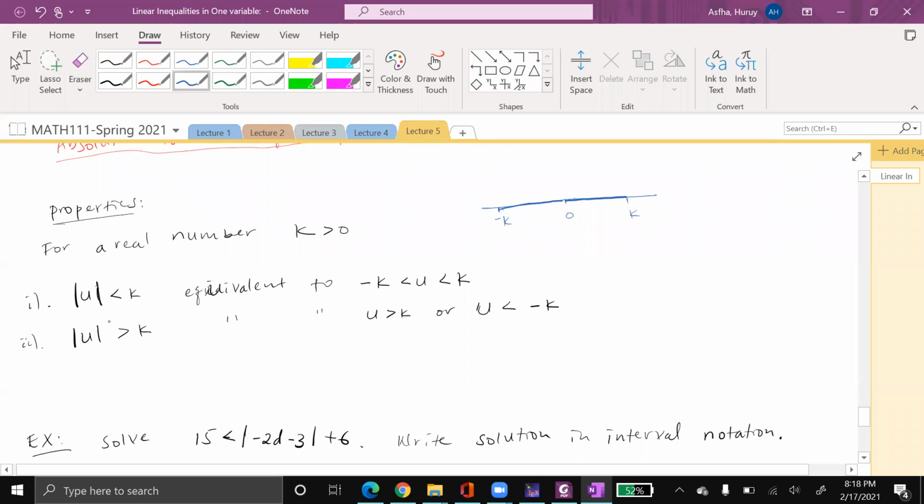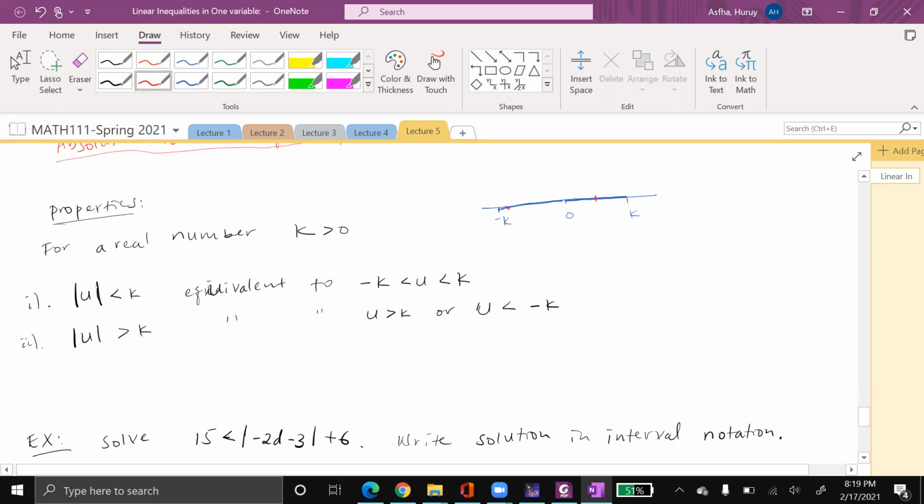Therefore, here we are saying absolute value of u, where u is a variable, could be any number. And we are saying absolute value of u, or the distance of u from 0, is less than k. So which numbers satisfy this condition? For example, if I pick a number from here, it definitely satisfies this condition, because the distance of this number from 0 is less than the distance of k from 0.